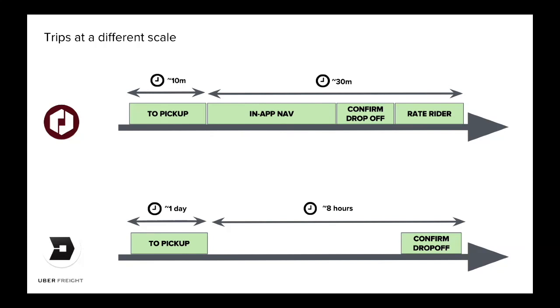All right, so it used to not always be like that, actually. When we initially launched Uber Freight at the end of 2016, the average trip flow required between 8 and 10 manual inputs from the user to complete a trip.